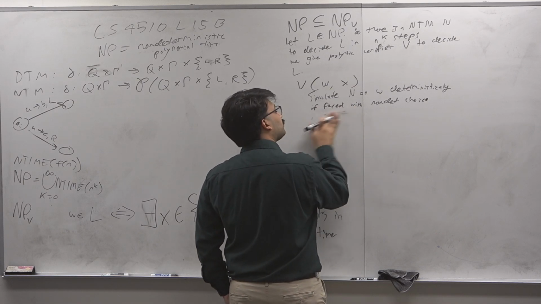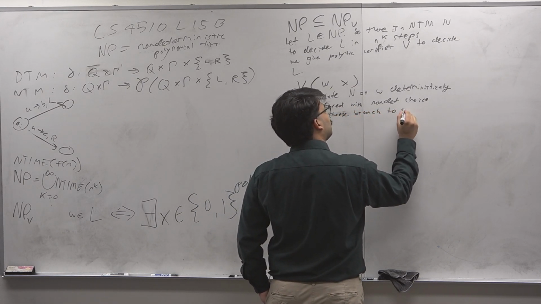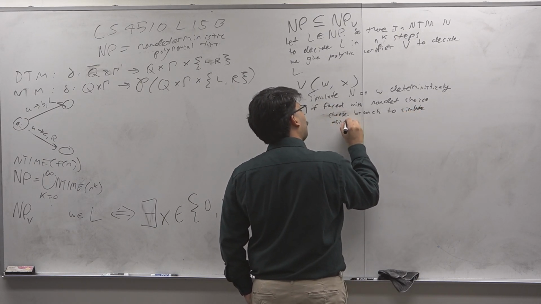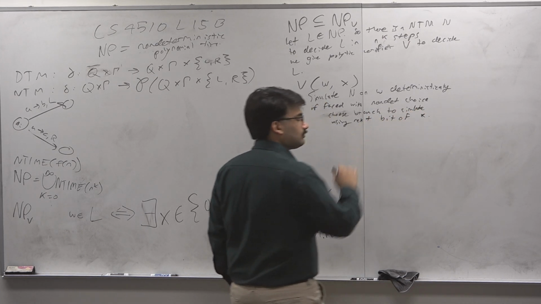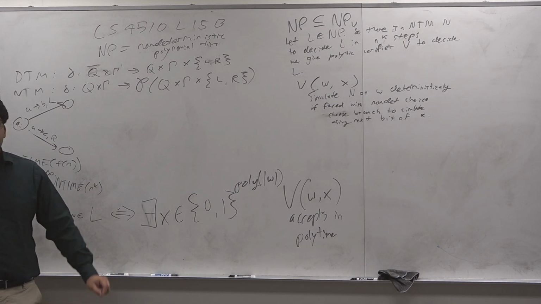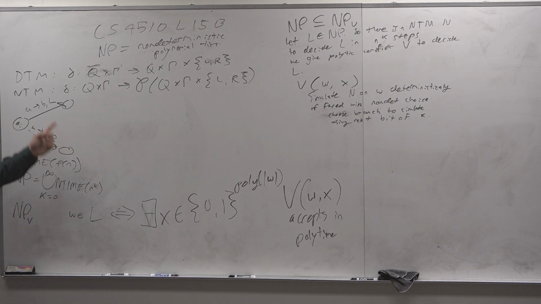I'll say choose the branch to simulate using next bit of X. So the witness, what I'm saying, encodes the sequence of non-deterministic choices. A non-deterministic machine may make several deterministic choices and also several non-deterministic choices. The non-deterministic choices can be encoded as a bit, 0 or 1, right? Which one do you make at that step?